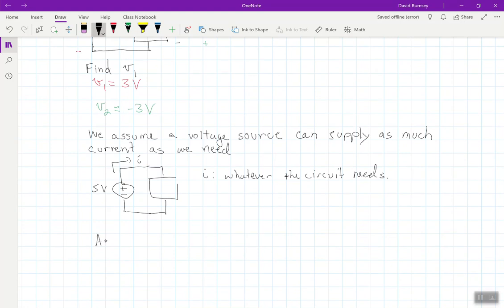A current source can have as high a voltage potential as needed.